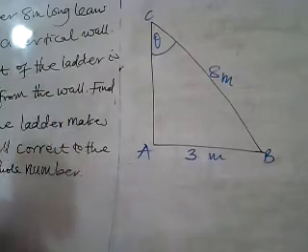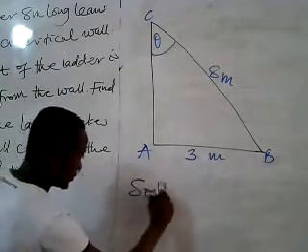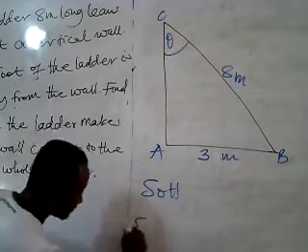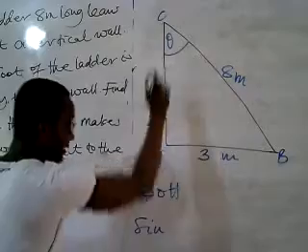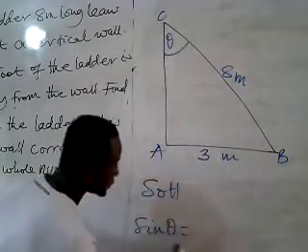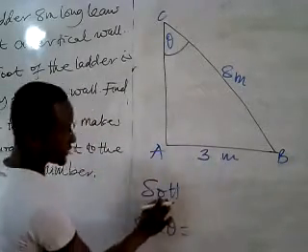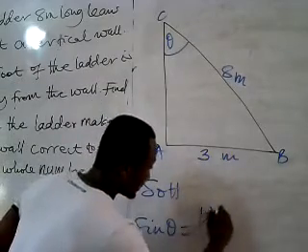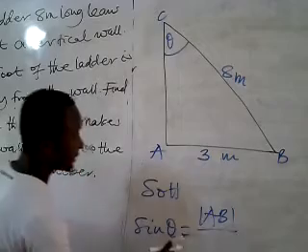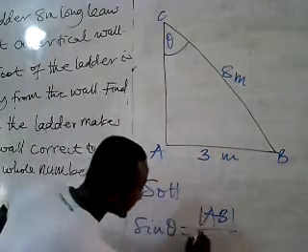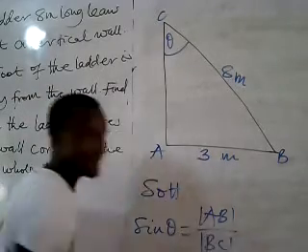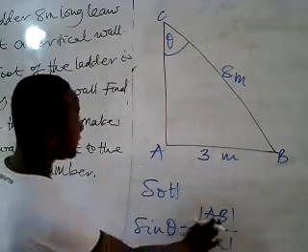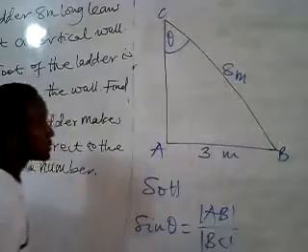So taking a clue from the SOH, we have sine. The angle is theta. So sine theta equal to O is the opposite. From our diagram, the opposite side is AB. So line AB over line BC.